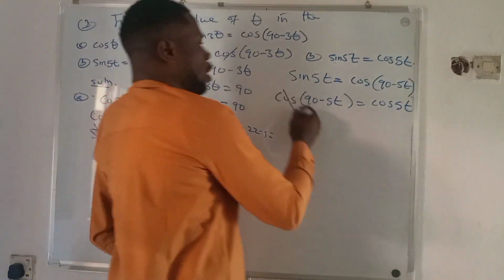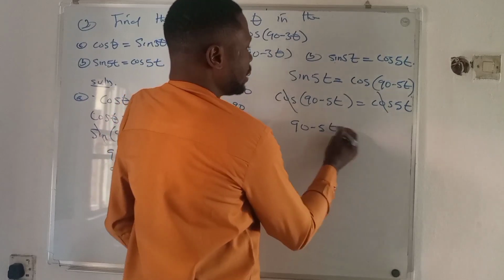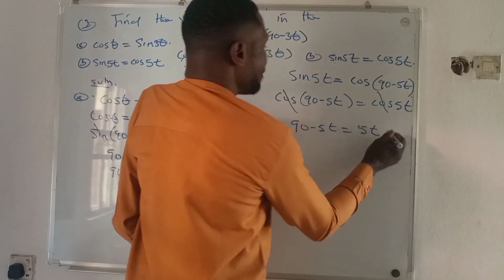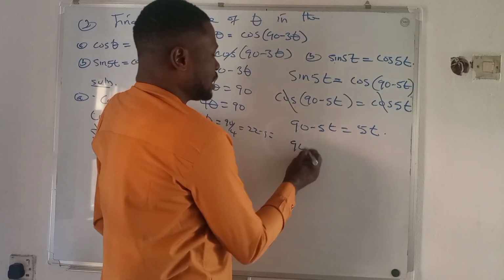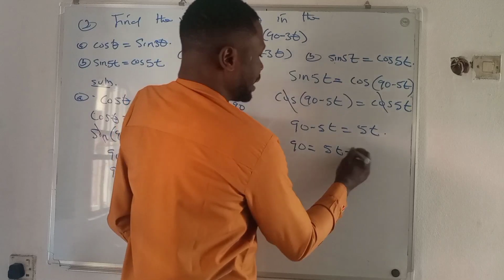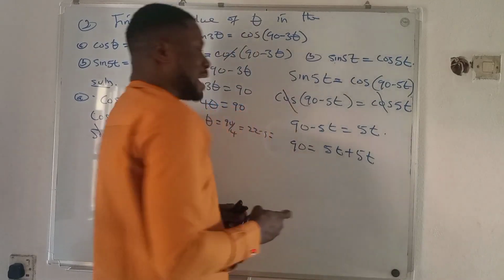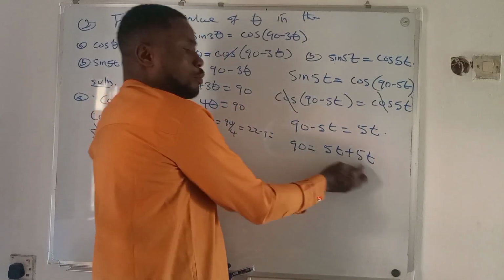At this point, the cos will cancel so that it becomes 90 minus 5t equal to 5t. You make t the subject of the formula. That will be 90 equal to 5t. Bringing this 5t to the other side, remember, as this minus 5t crosses the equality sign to the other side, it becomes plus 5t.